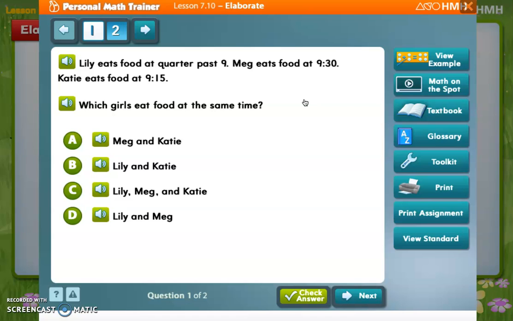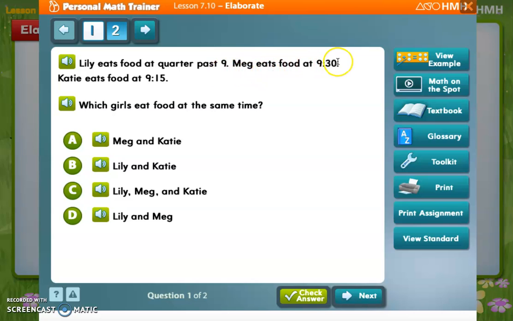So the hardest one to figure out is that very first one. Lily eats food at 9:15. If you remember what I said from just a few minutes ago, quarter past could also be 15 minutes past the time, right? So in this case, if she's eating at 9:15, that means Lily is eating at 9:15.